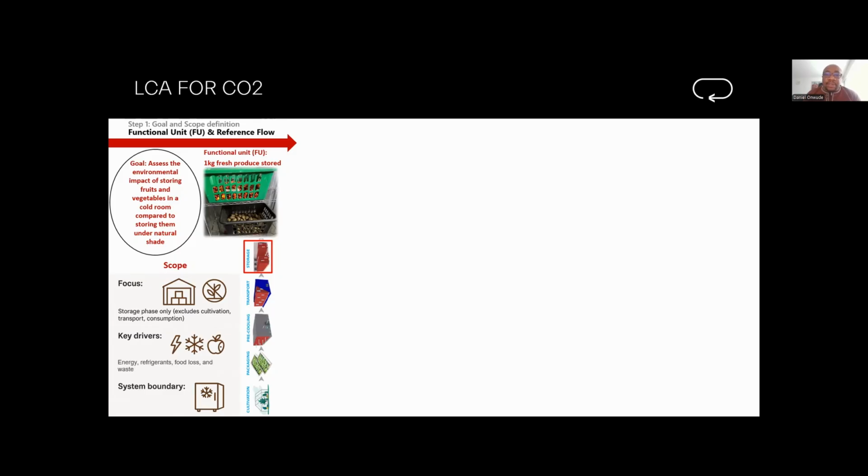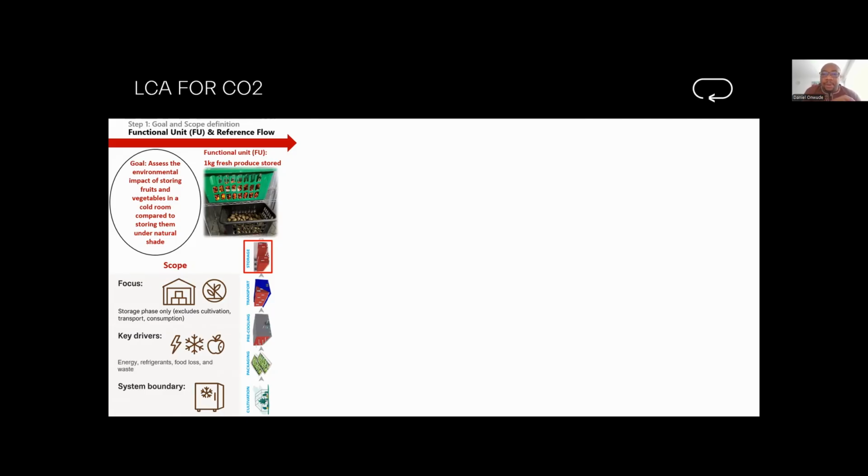Note that the key drivers we considered are energy use, refrigerant, food loss, and waste, with the system boundary defined around the cold storage unit itself. I also wanted to state that for our solution, we also assess different system configurations, right?